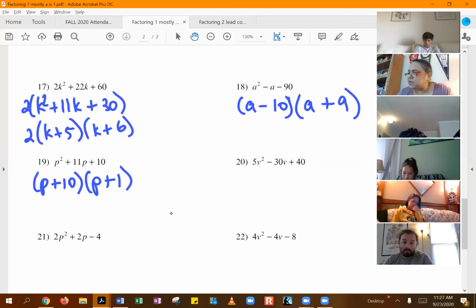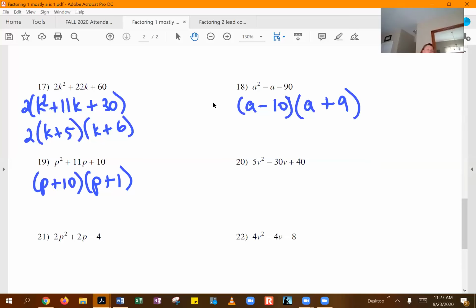That will bring us to number 20. How about Braden? For 20, I got 5 times v minus 2 and v minus 4.